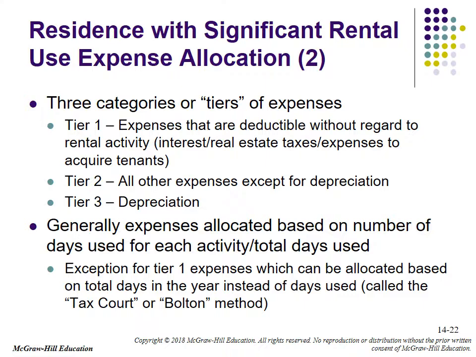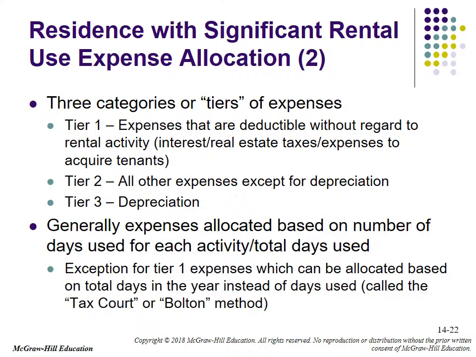There is one exception. You can allocate Tier 1 expenses based on the number of days in the year. So your mortgage interest and your real estate taxes, if you want, you can allocate between rental and personal by taking the rental days divided by 365.